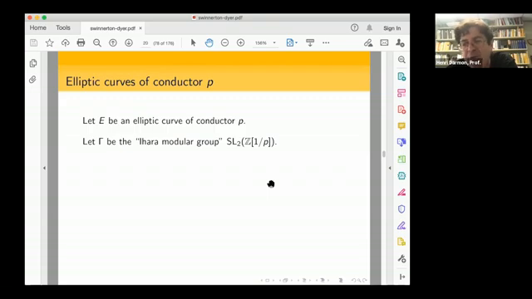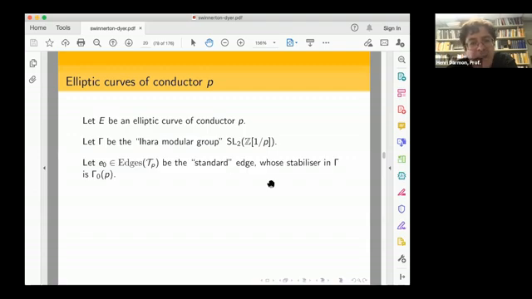Nonetheless, I'd like to try to construct something like a p-adic uniformization of the elliptic curve out of the data of the action of this group gamma on the p-adic upper half plane. That's the goal. And so I'm going to let E0 be what I'll call the standard edge of the Bruhat-Tits tree.